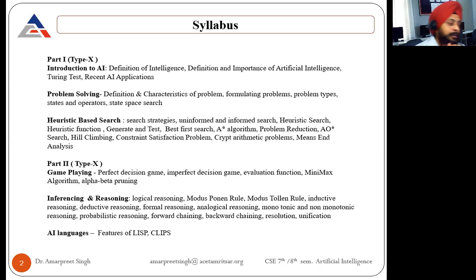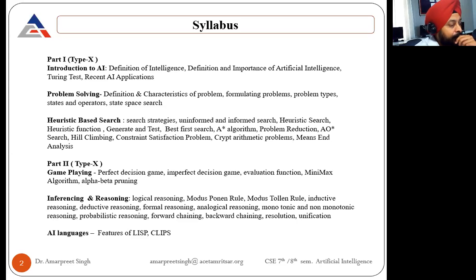Then a very important concept, chaining: forward chaining and backward chaining, and a few terms, resolution and unification.